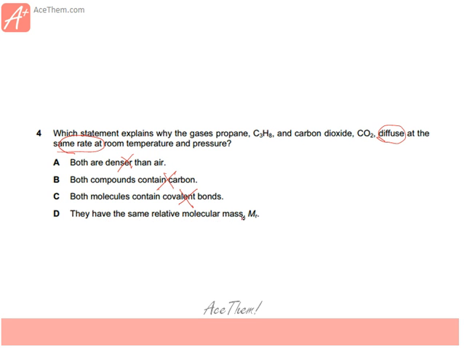They have the same relative molecular mass, Mr. That's correct, because the rate of diffusion is inversely proportional to the square root of Mr. Roughly speaking, you can think of it this way.